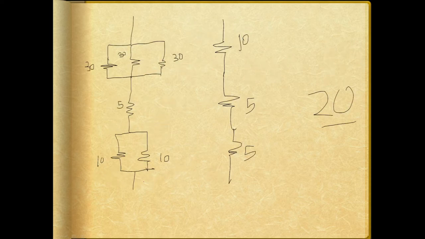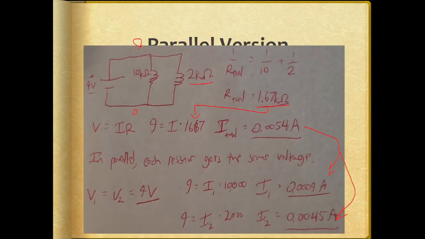So if we back up to some of our examples from yesterday, let's look at this 10K resistor in this 9-volt parallel circuit. Yesterday we determined this resistor would have a 9-volt voltage drop across it because it's arranged in parallel.